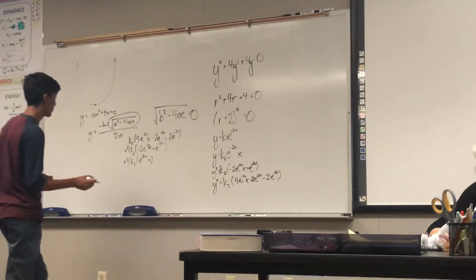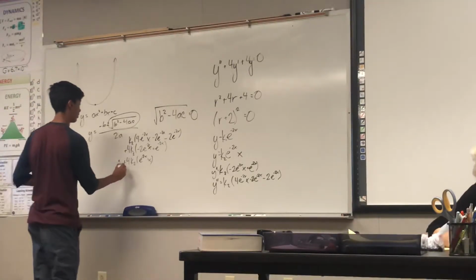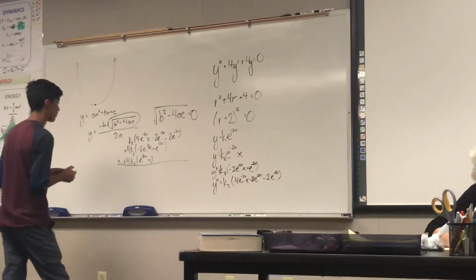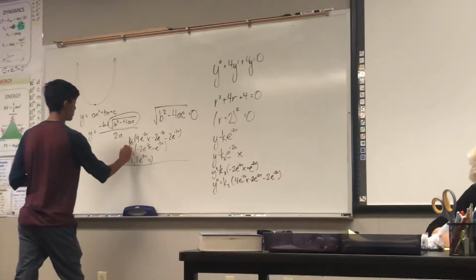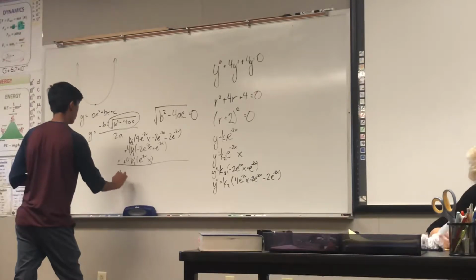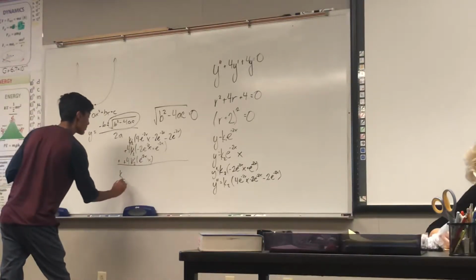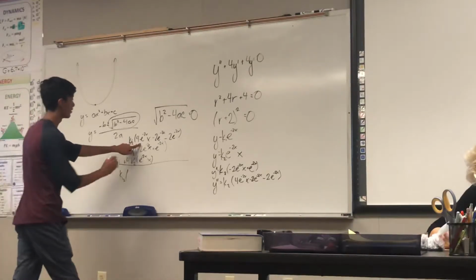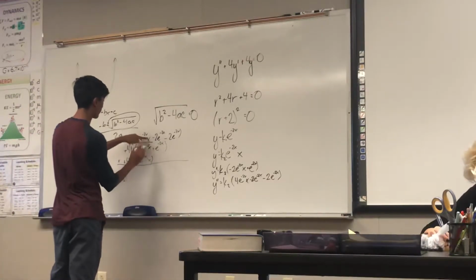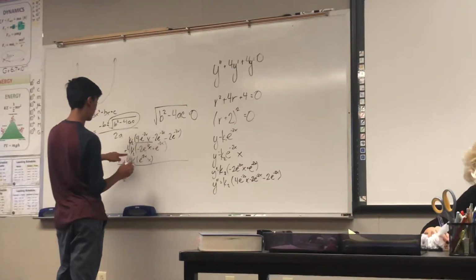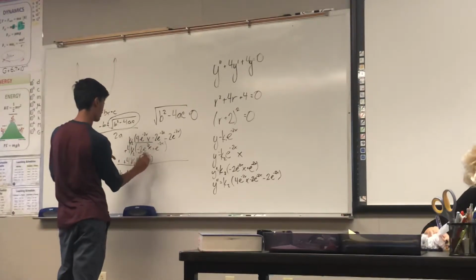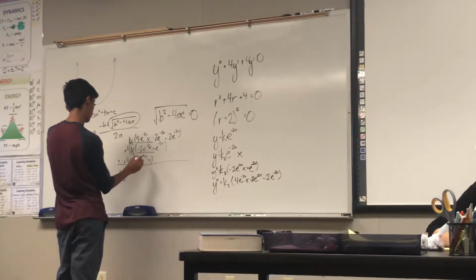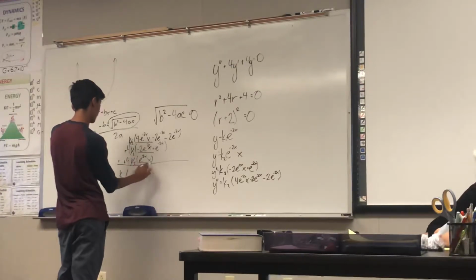And so if you add these all up, let's see. We can just cancel out all the k2s. Let's group all the x's. You have 4e to the negative 2x x, and then 4 times negative 2e to the negative 2x x, and then 4 times e to the negative 2x x.